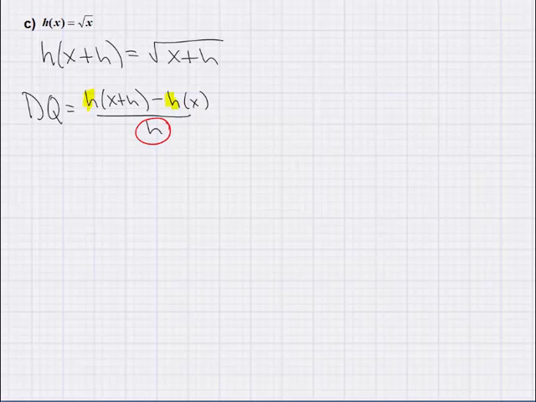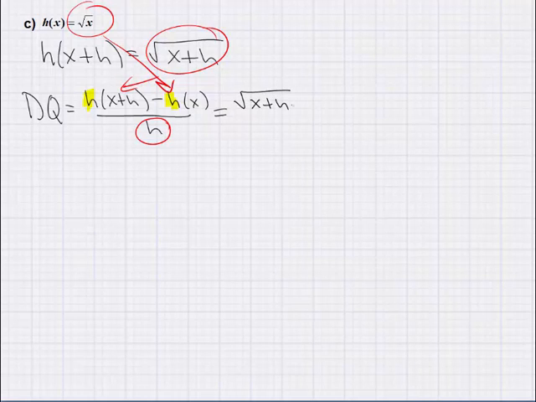This is the h that's the name of the function, and this is just the h from the difference quotient. So anyway, we're going to take this and plug it in here, and take this and plug it in here. And we're going to get the square root of x plus h minus the square root of x all over h.